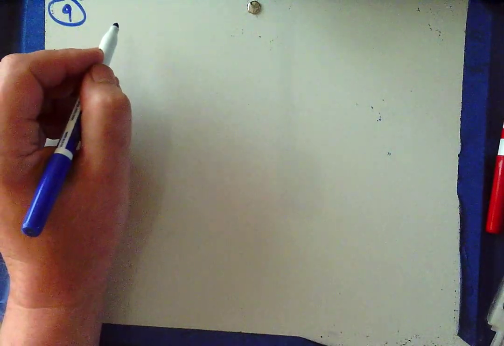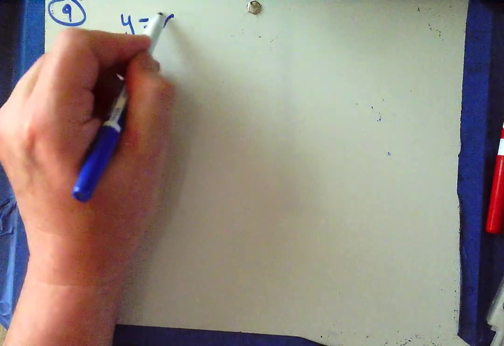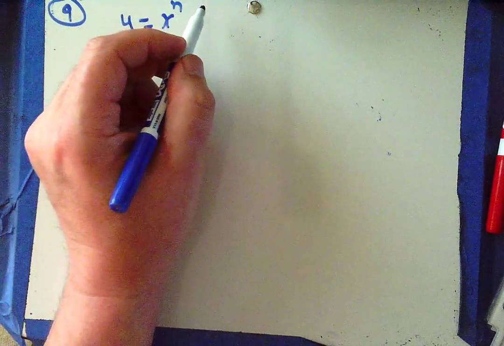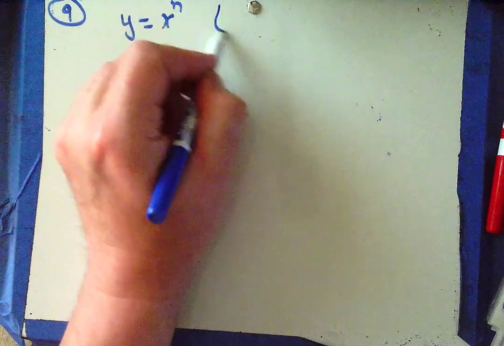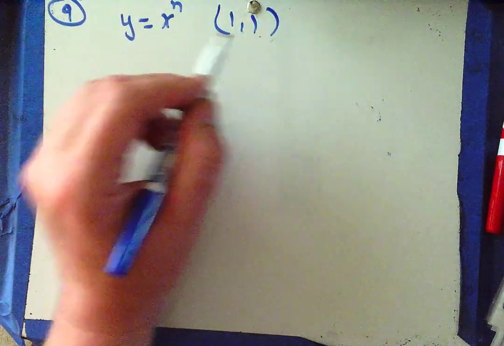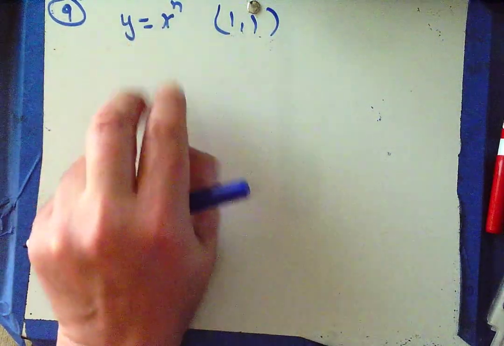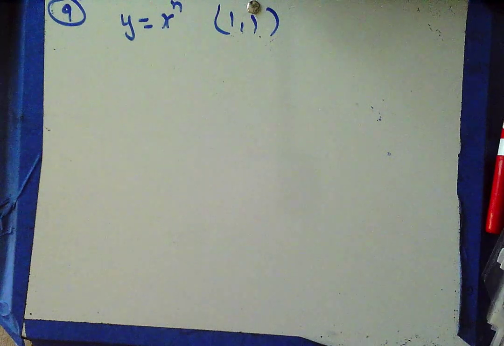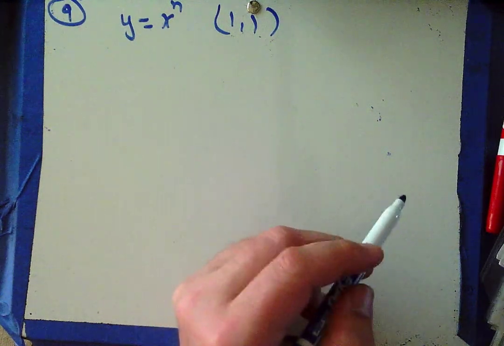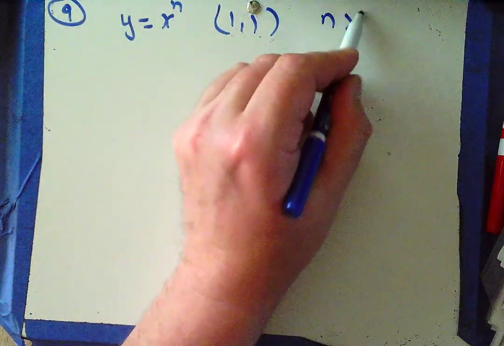Problem number 9, our last problem, says y equals x to the n. Tangent line at 1, 1. So we know that this passes through 1, 1. And what else? Where n is greater than 1.